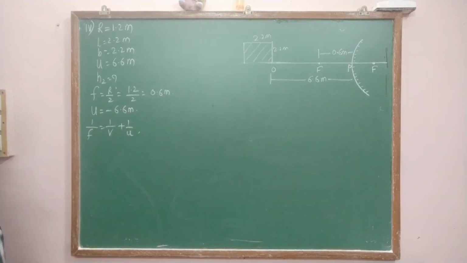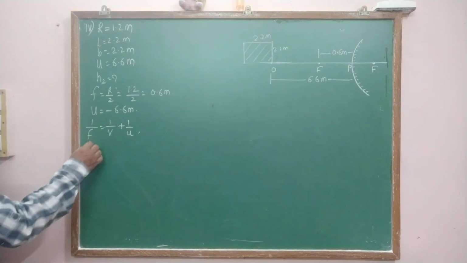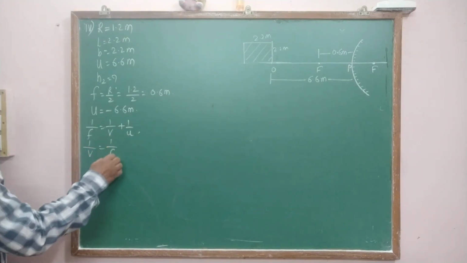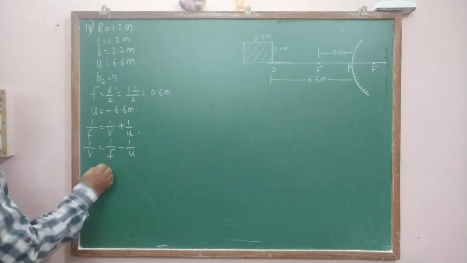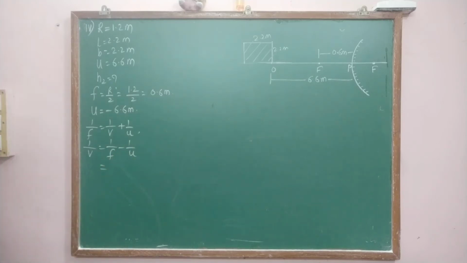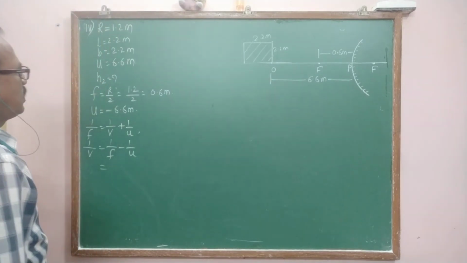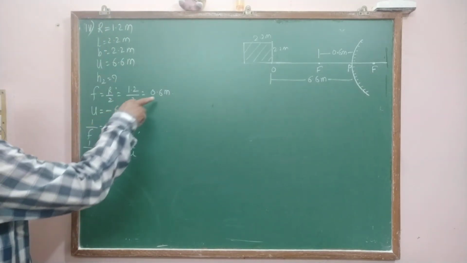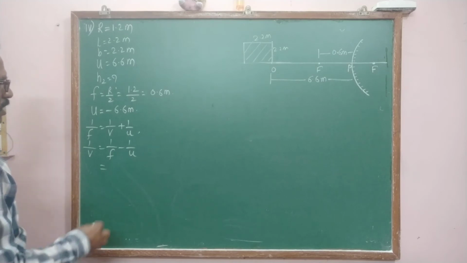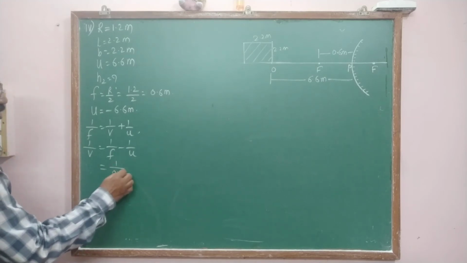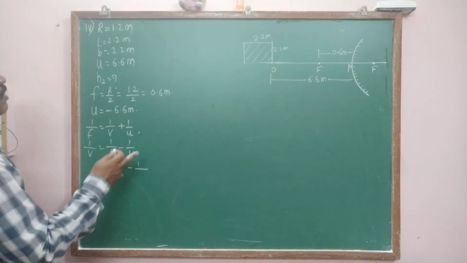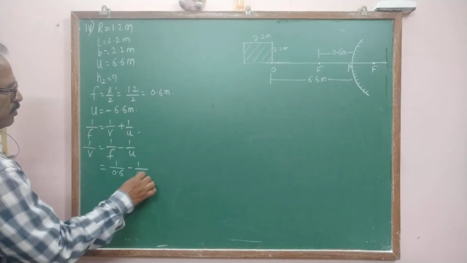This is for the convex mirror. So we can find out 1 by v is equal to 1 by f minus 1 by u. So 1 by f, we have got f as 0.6 meter, 1 upon 0.6 minus 1 by u, u is about 6.6 meter.